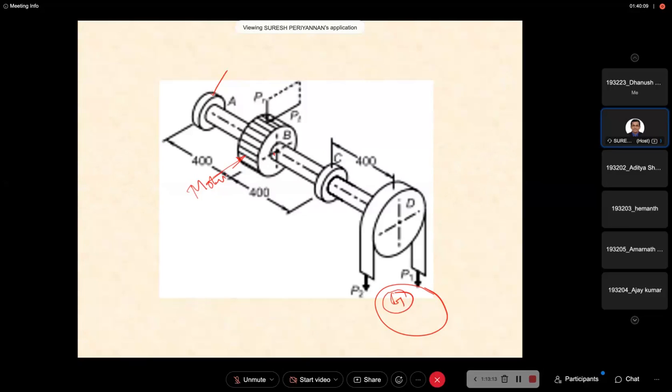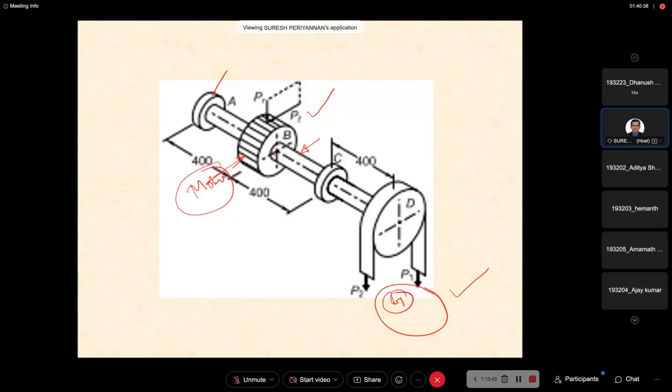Hence, we need a support. That support should allow the free rotation of the other components and should not prevent their rotation. Hence, the bearing acts as a support, allowing free rotation of the component for transmitting the power from one place to another.